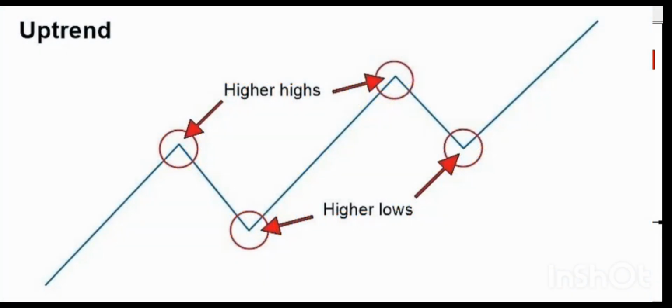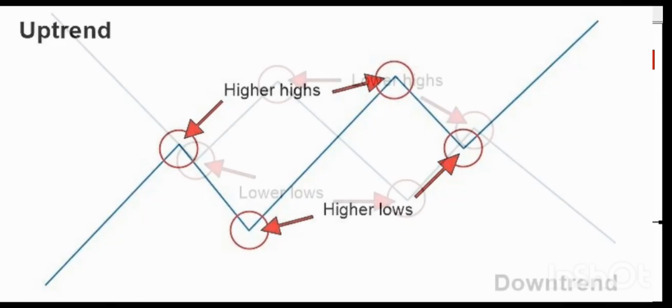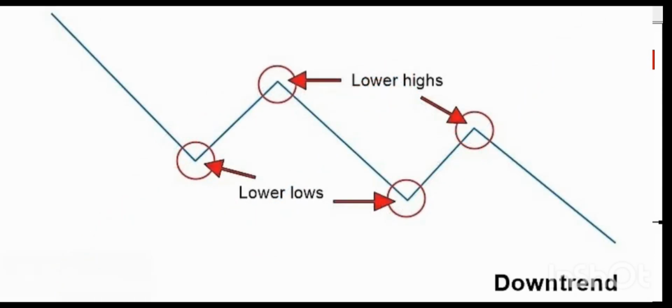Look at here now. Price is making a higher high and a higher low, a higher high and a higher low, and in a downtrend it is making lower lows and lower highs, showing that it is a strong downtrend. These are areas where swing points are, swing highs and swing lows.